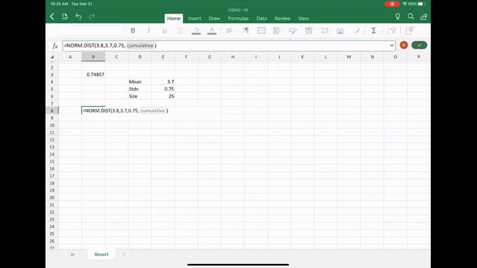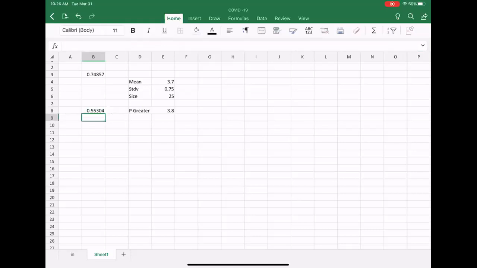And then it is always cumulative, so I always put a 1 in here. So again, to recap, do NORM.DIST, put in your X, then your mean, then your standard deviation, and then a 1. And there is the 0.55304. And because it's greater than, I have to do the complement of that, so 1 minus, and there is the answer we got earlier.